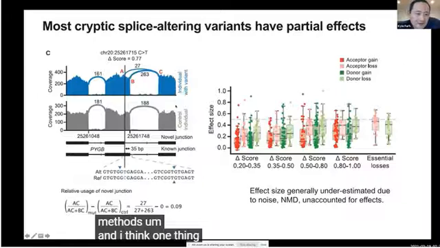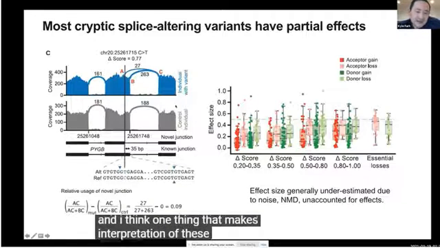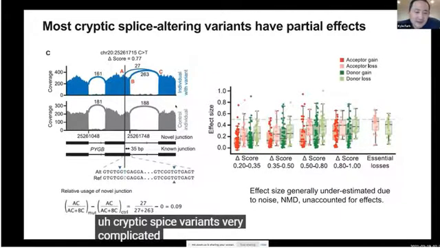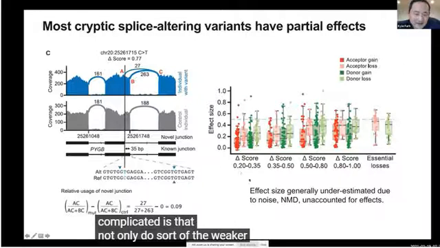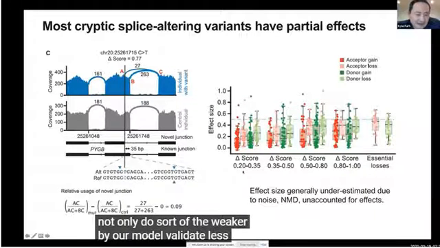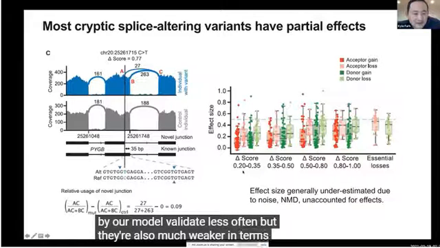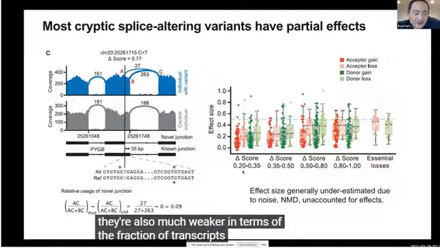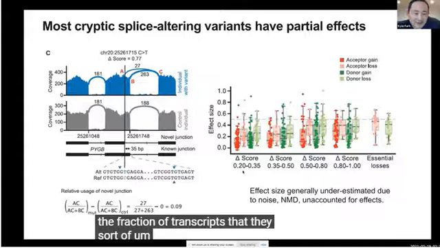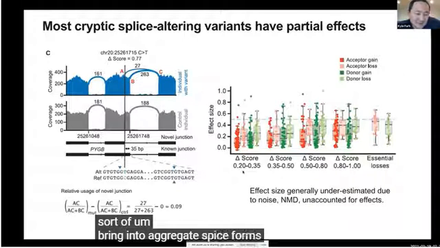And I think one thing that makes interpretation of these cryptic splice variants very complicated is that not only do the weaker variants by our model validate less often, but they're also much weaker in terms of the fraction of transcripts that they bring into aberrant splice forms.